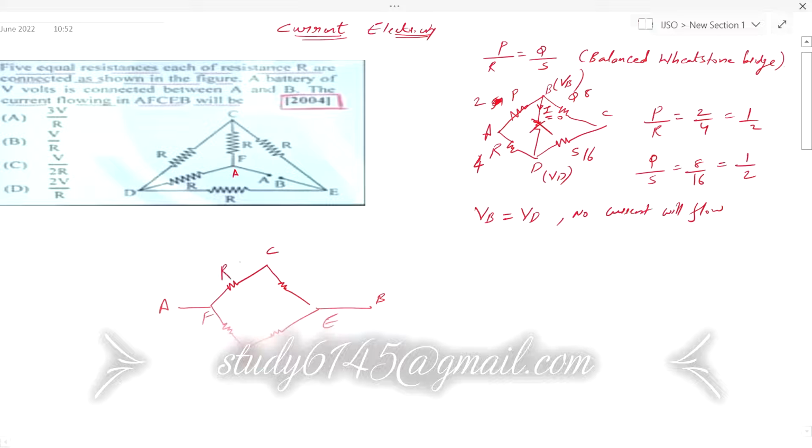It's R. What about C and E? It's also R. F and D is also R. And D and E is also R. Any resistance between C and D? Yes, C and D is also R.